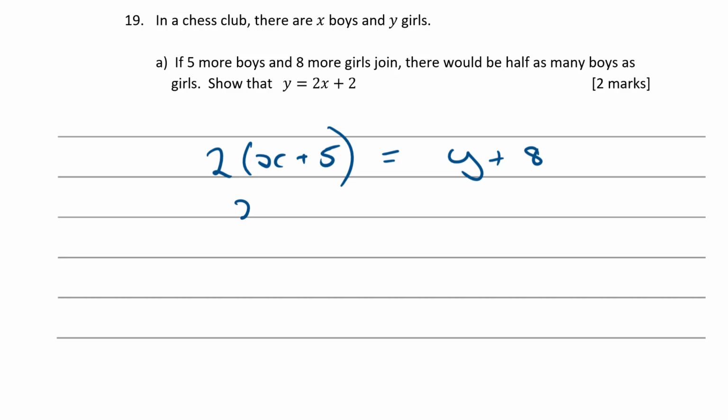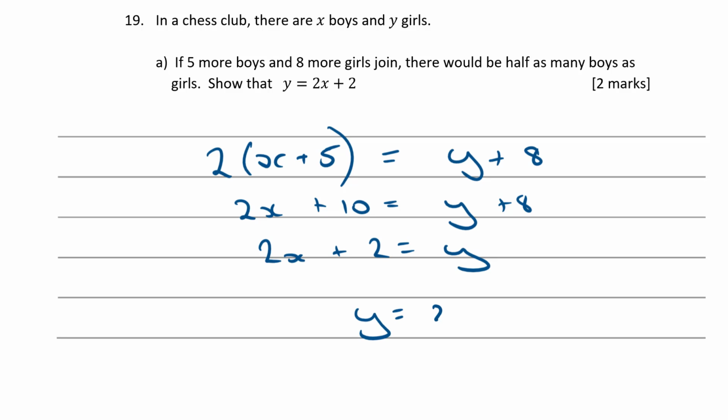So multiplying out the brackets, 2x plus 10 is equal to y plus 8. And then subtracting 8 from both sides, I can see that 2x plus 2 is equal to y, which is what I was asked to find, isn't it? But the other way around. So y is 2x plus 2.